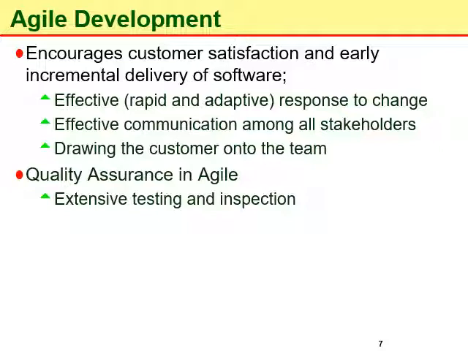Quality assurance activities here in agile, particularly testing and inspection, play an even more important role than in the traditional software development processes. For example, test-driven development is an integral part of extreme programming, and inspection in the form of two-person inspection or programmer pairs is extensively used with the purpose of writing high quality code with minimal errors or flaws.